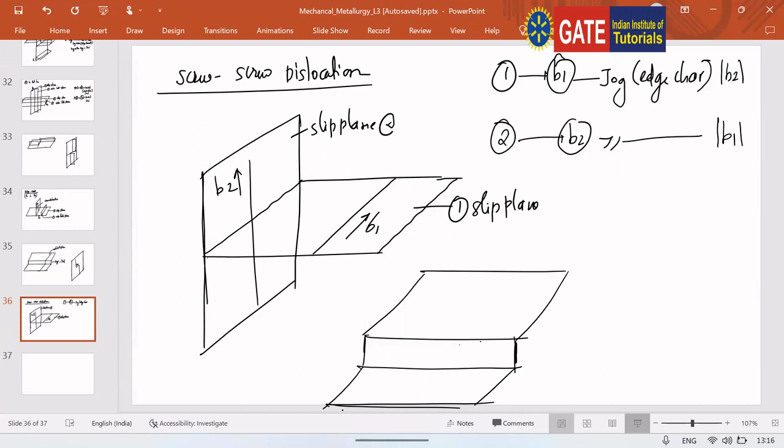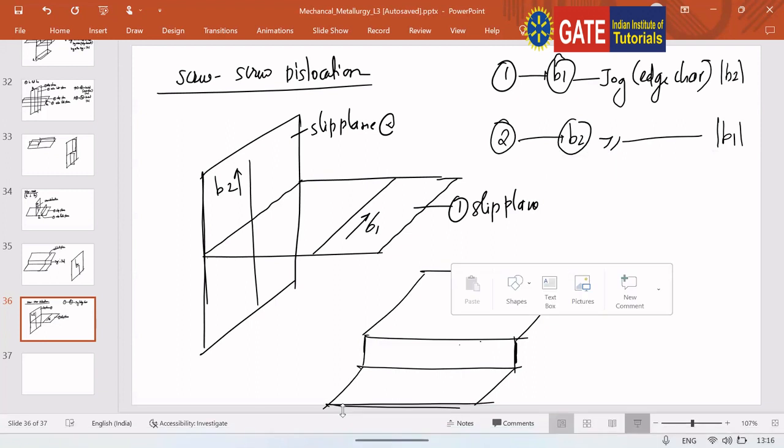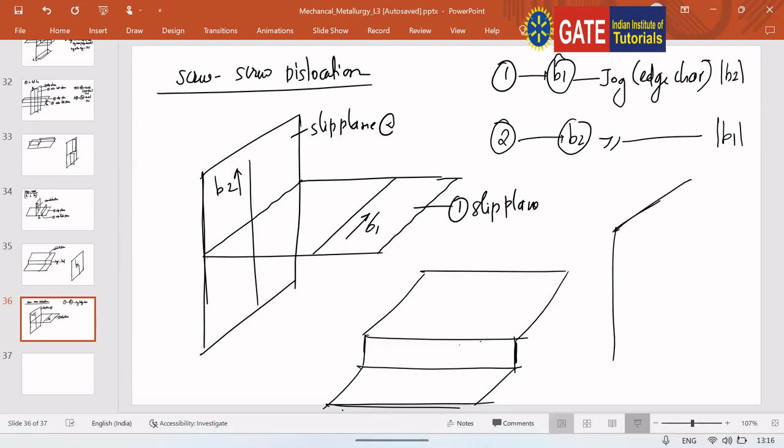And if it is for this plane, then it comes out of the plane. Rightward I'm drawing, and then it comes down. So it is not on the plane. So this is basically out of the plane.